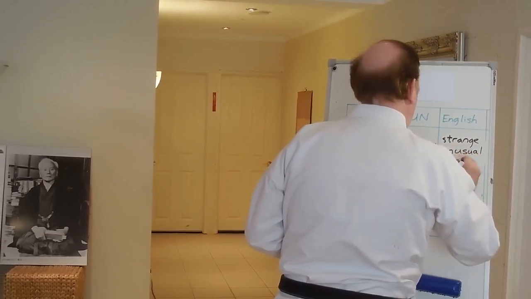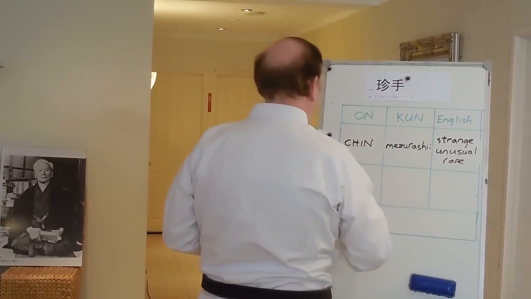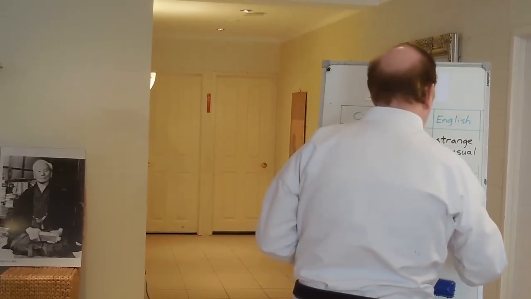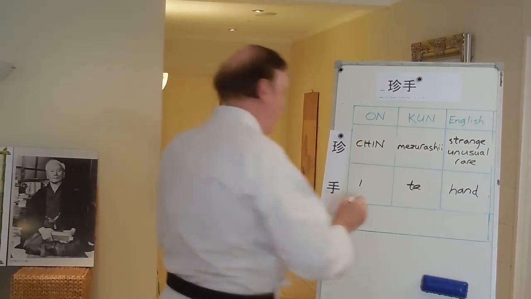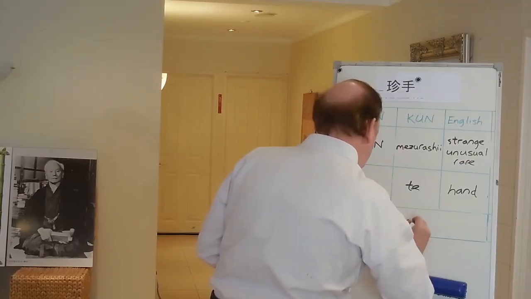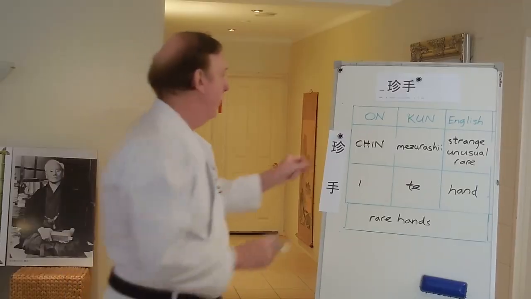There's quite a few meanings for mezurashi. And te again equals hand. So usually it's translated as rare hands. You may have a different definition for that one, but that's basically the meaning.